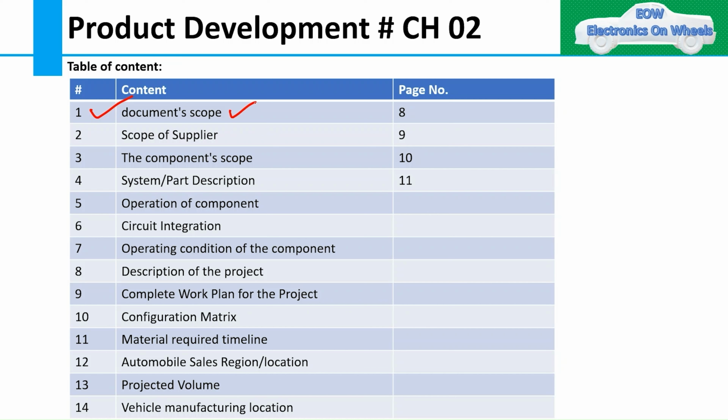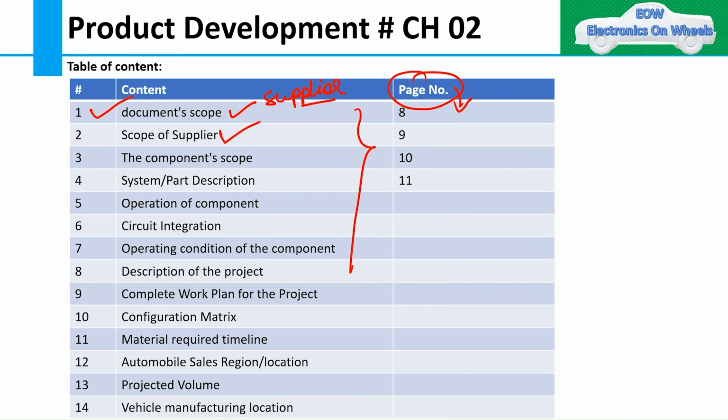We tell the supplier that these are the things we are going to do in this document and you please take care of this. Here you see the page numbers, which is the normal thing we see in normal books as well. But what the contents are, this is the important thing you have to tell the supplier. So first is the document scope.